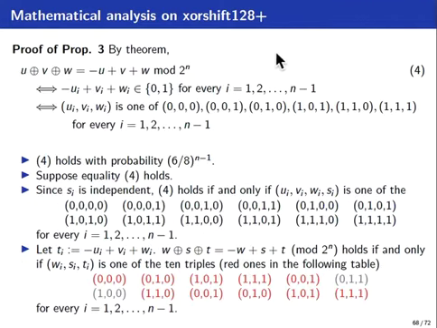Using the theorem, we obtain the probability that our assumption holds. The condition is that this holds and that this holds. The relation 4 is equivalent to this. Thus, the probability the relation 4 holds is (6/8)^(n-1). Next, we compute the conditional probability under the condition 4. Our aim is the probability that this occurs.